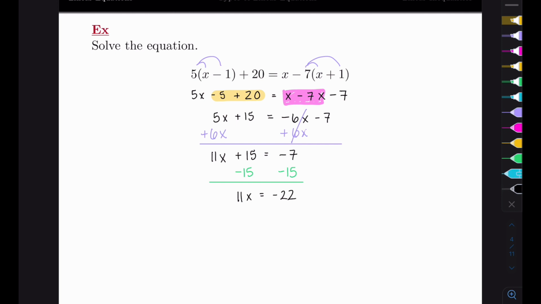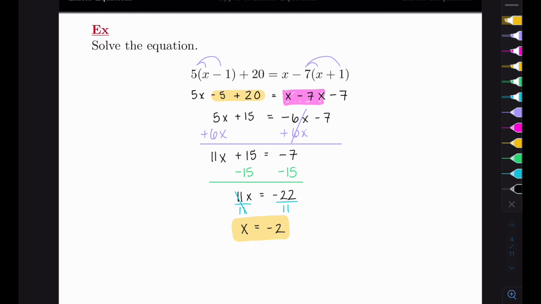And now we're so close, we have 11 times x, so we're going to divide by 11. And in turn, that makes those two cancel each other out. So we're left with just x over here, and then -2 on the right. And so we immediately get what x must equal to make this a true statement.